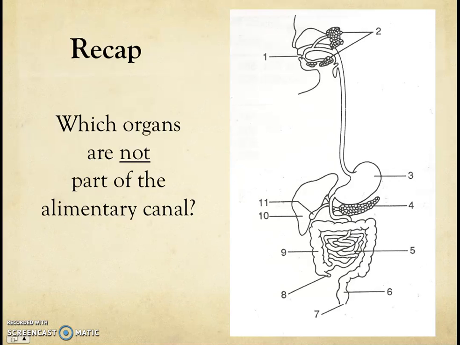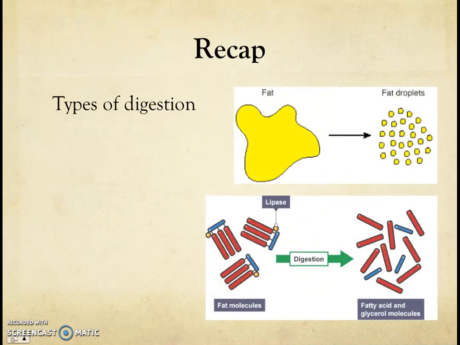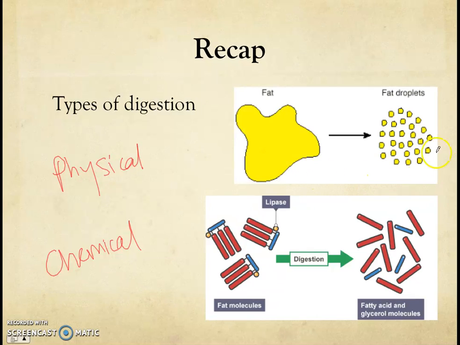Now, before that, let's recap the two types of digestion that we have already learned about. Do you remember what the two types of digestion are? They are physical digestion and chemical digestion. Now, this example here, is this physical or chemical digestion?